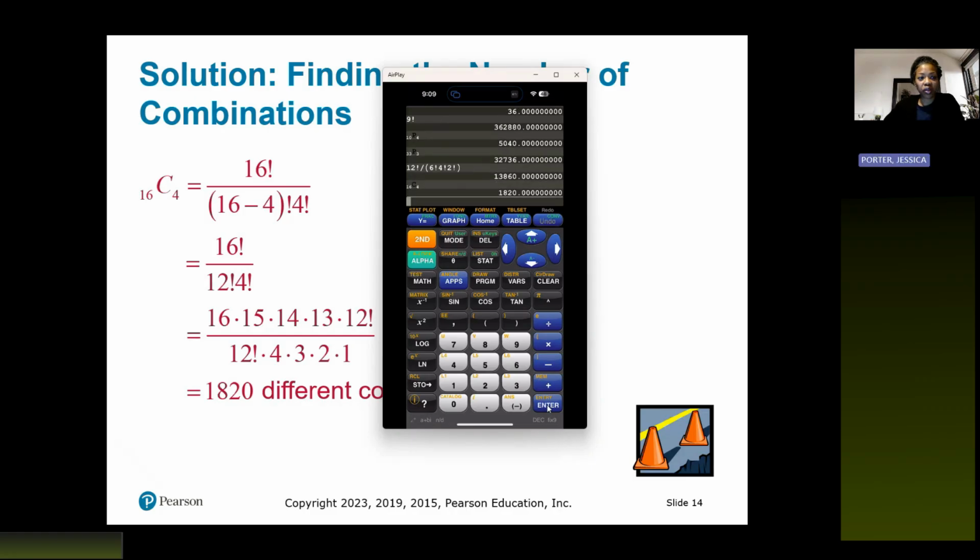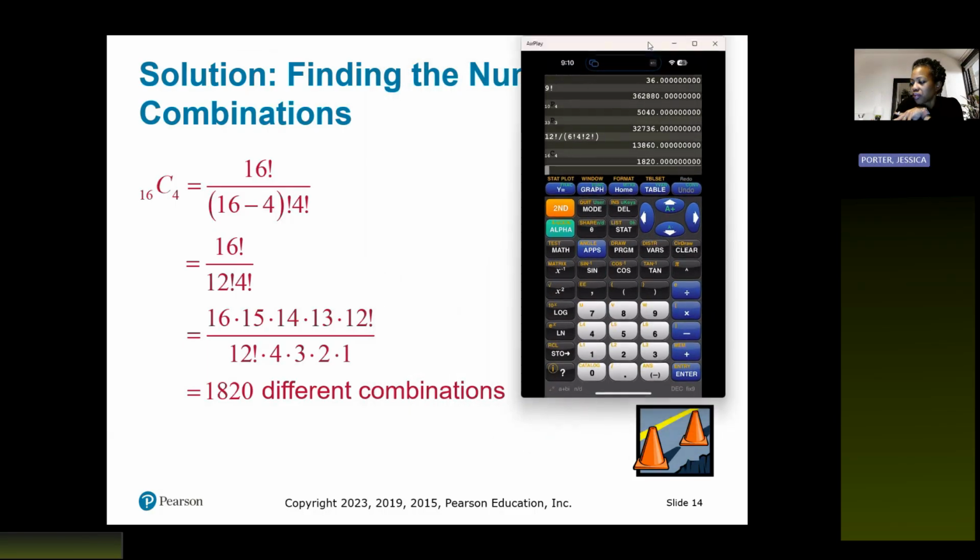I keep wanting to hit it with my mouse, but it's AirPlaying from my phone. So that's why it looks like I'm pausing here, but it's just because I'm effectively translating between my phone and the computer. So there's 1,820 different combinations there.